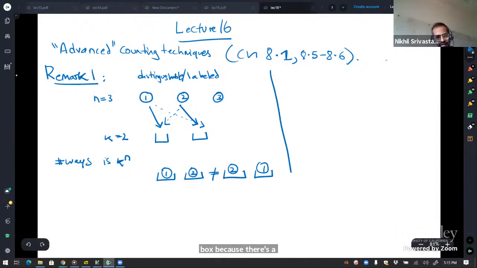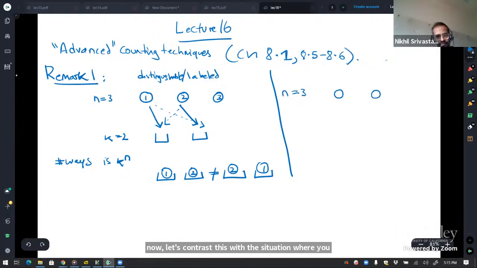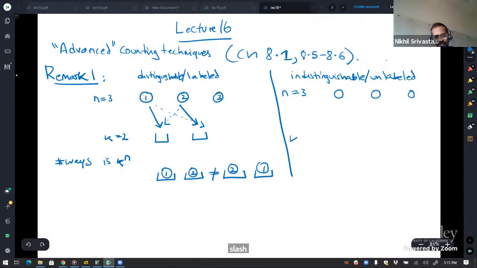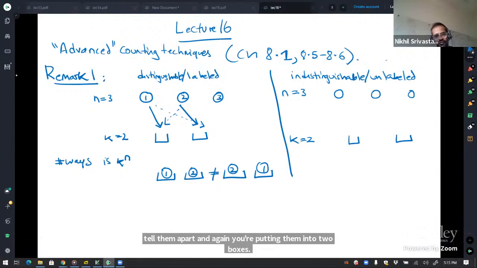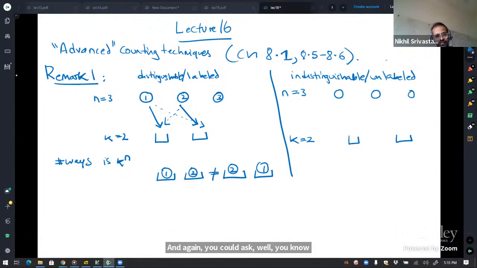Now, let's contrast this with the situation where you have, again, 3 objects, but they're unlabeled. So they're just tokens. This is indistinguishable, or unlabeled. You can't tell them apart. And again, you're putting them into two boxes. Again, you could ask, let's specify an allocation using choices.